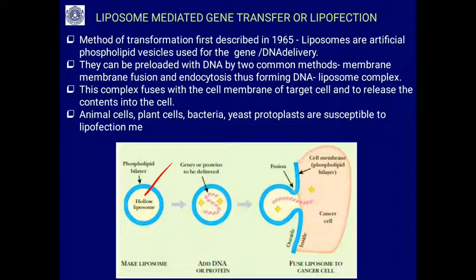They can be preloaded with DNA, with two common methods: membrane fusion or else endocytosis, with the liposome forming a DNA liposome complex. This complex fuses with the target cell membranes and releases the content into the cell. Animal cells, plant cells, bacteria, yeast and protoplasts are susceptible to lipofection. Lipofection can be done with all these cells.